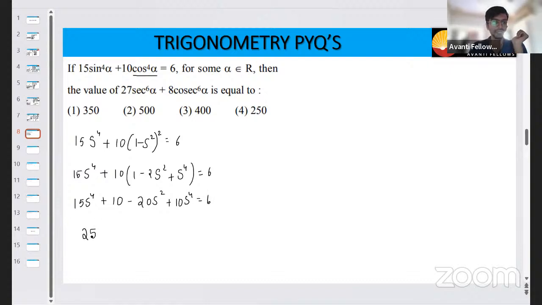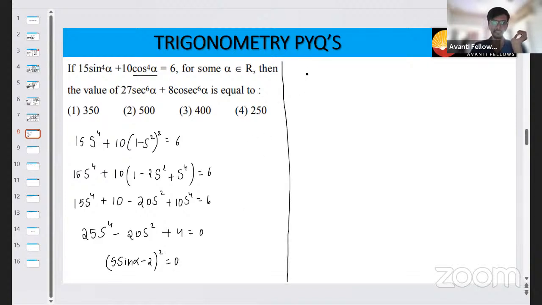So 25 sin raised to 4 minus 20 sin square plus 4 equals to 0. I think this is a perfect square of 5 sine alpha minus 2, the whole square equals to 0. What does this mean? This means that sine alpha is 2 by 5, right?